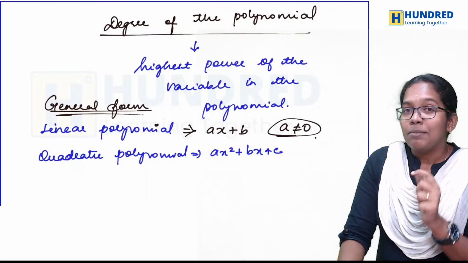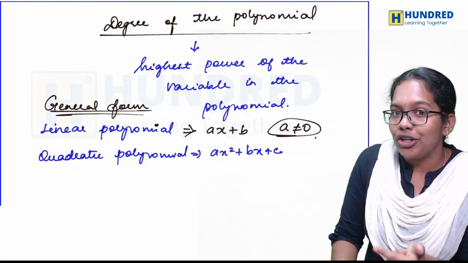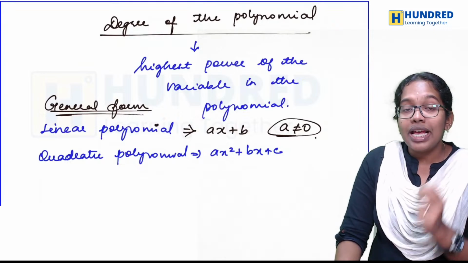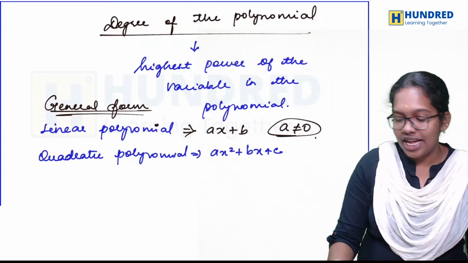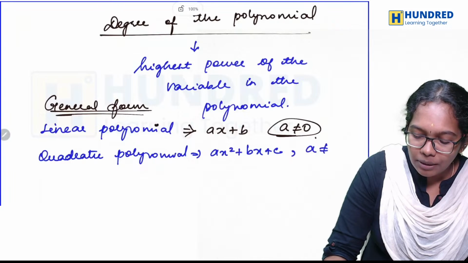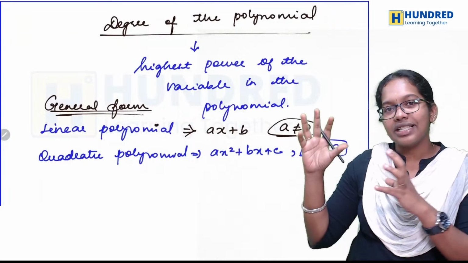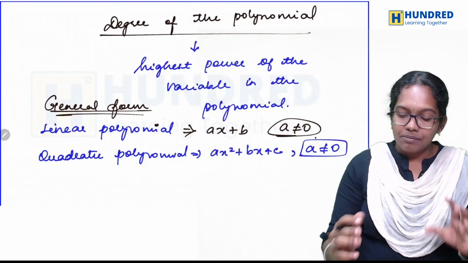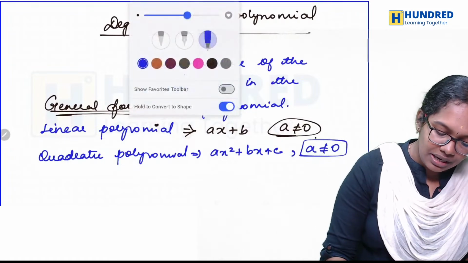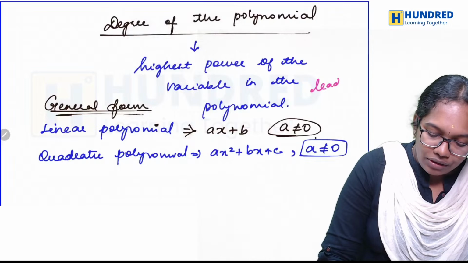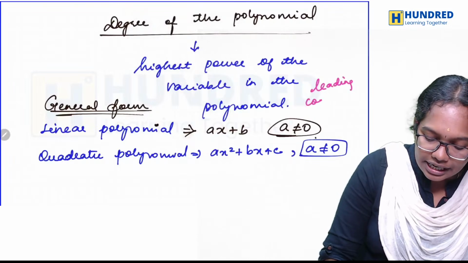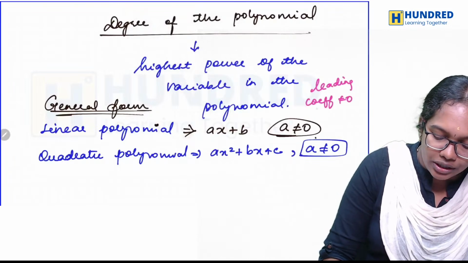Why so? Because here the degree of the polynomial is what? 2. Okay, here also the same condition exists that a should not be equal to 0. Why am I giving that a is not equal to 0? The meaning is that the leading coefficient should not be equal to 0.